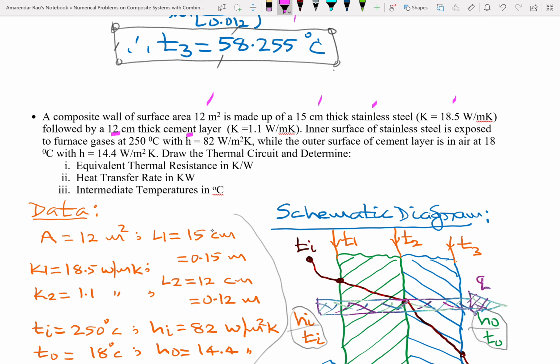Inner surface of stainless steel is exposed to furnace gas at 250 degrees centigrade with H equal to 82, while the outer surface of cement layer is in air at 18 degrees centigrade with H equal to 14.4. Draw the thermal circuit and determine equivalent resistance, heat transfer rate in kilowatts, and intermediate surface temperatures.